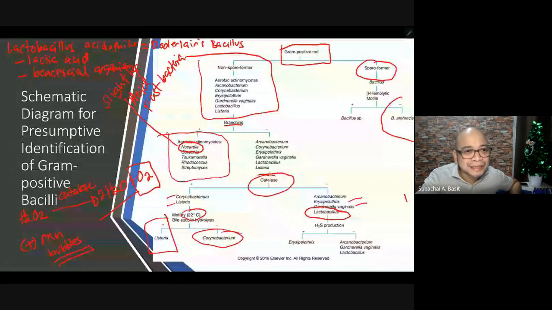Because of the presence of Lactobacillus acidophilus, organisms that can cause urinary tract infection will not actually grow. So it's an important part of the vaginal flora, and also a beneficial organism.